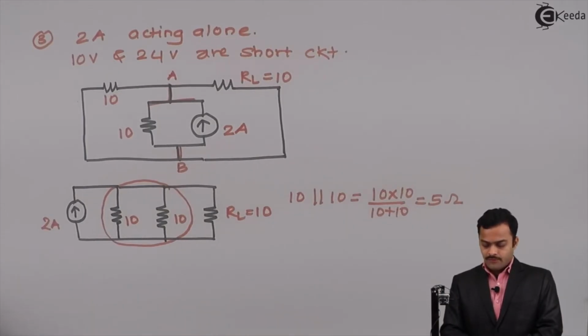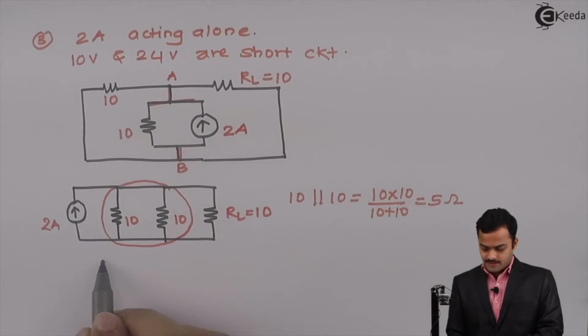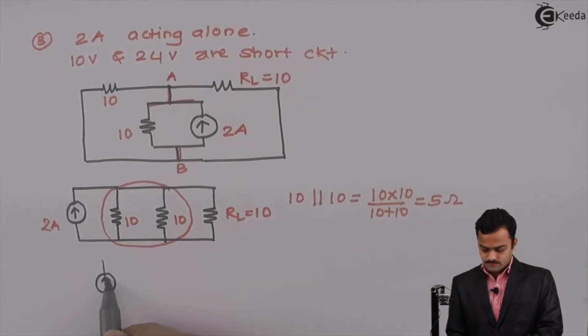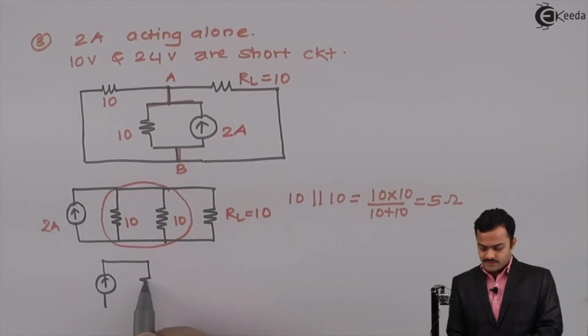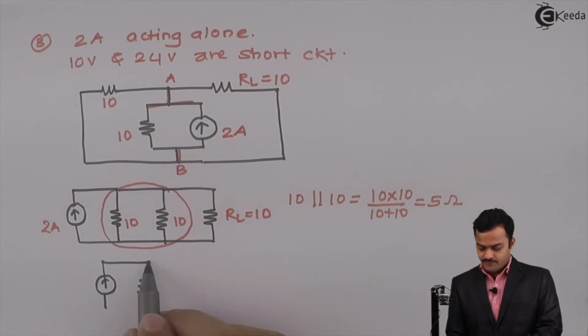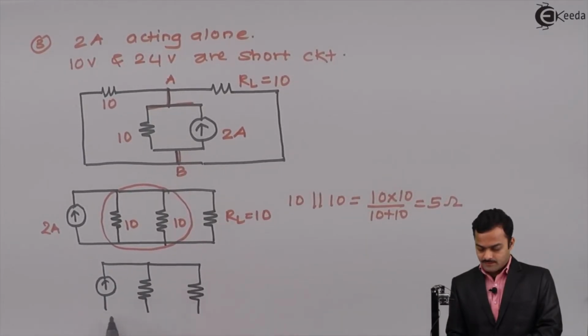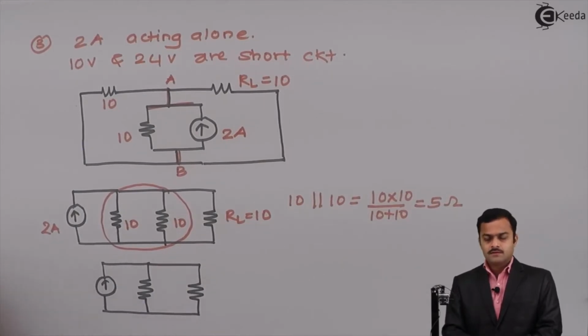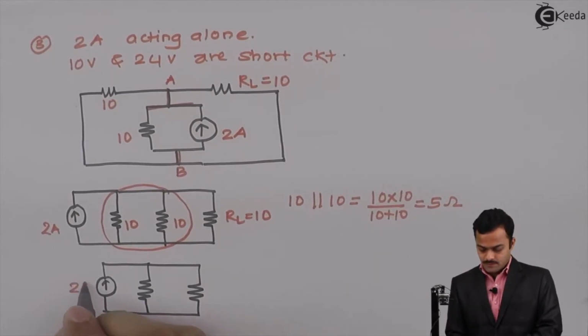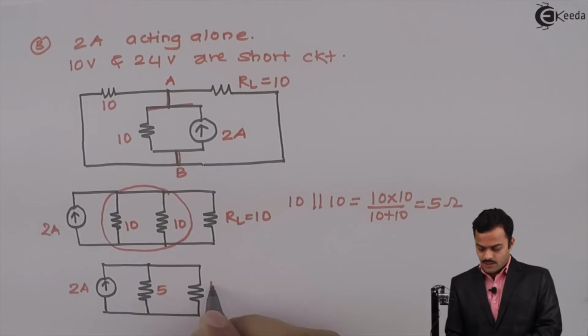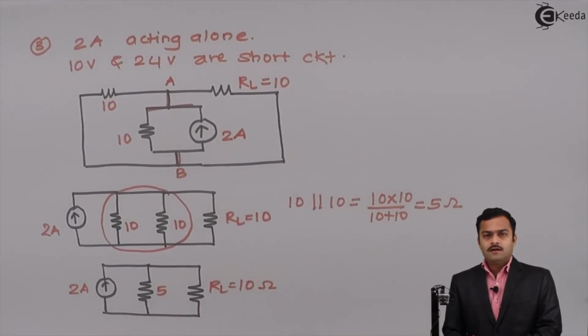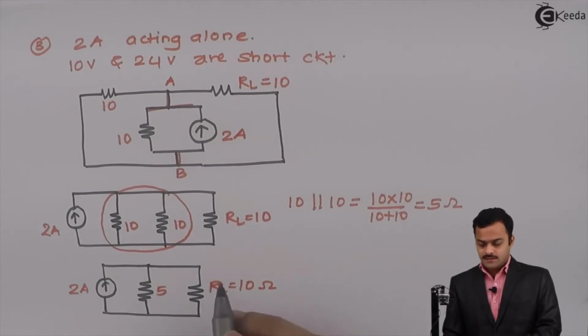Now, if I redraw the circuit, considering this in mind, I will get a current source, the equivalent resistance of 10 and 10, which is 5, and RL I will keep as it is. So 2 ampere, this is 5 ohm, and RL is 10 ohm. Our job is to get this current.